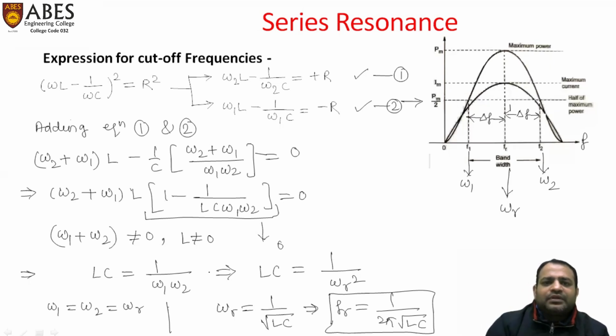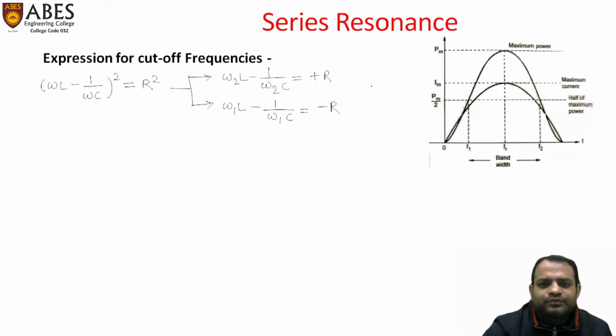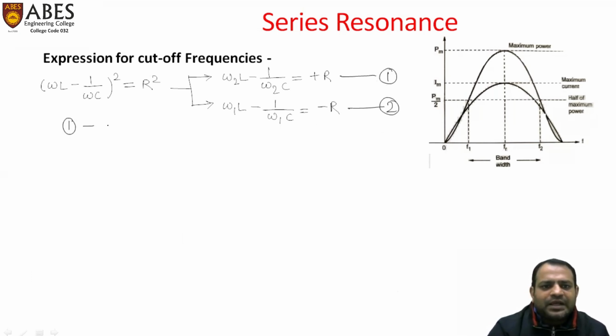Now if we are subtracting equations 1 and 2, so we have this equation number 1 and this is equation number 2. Now equation 1 minus 2.